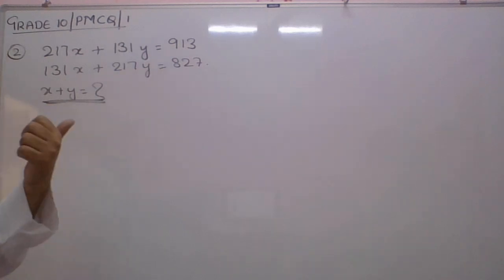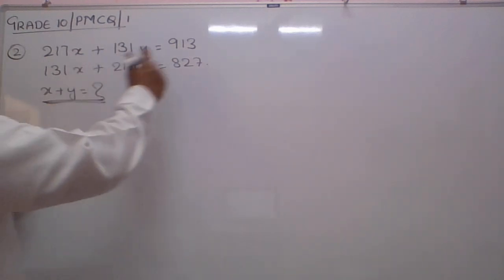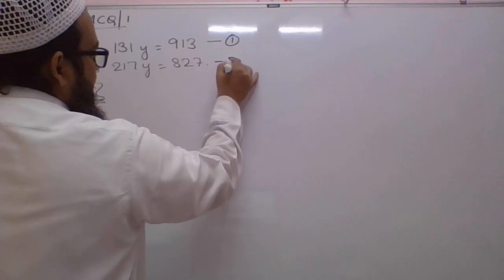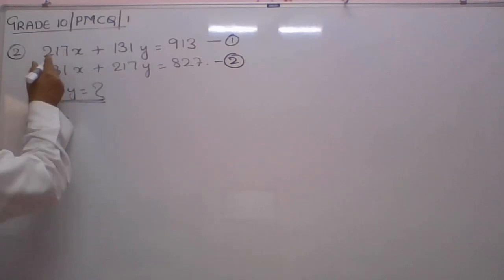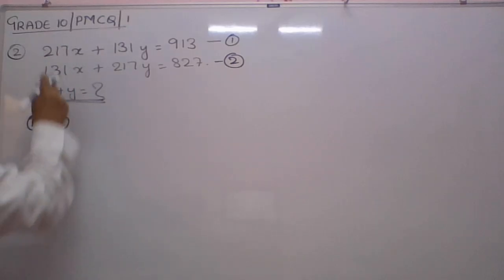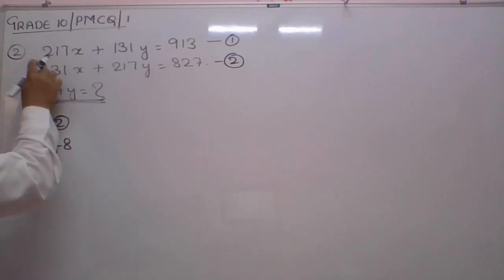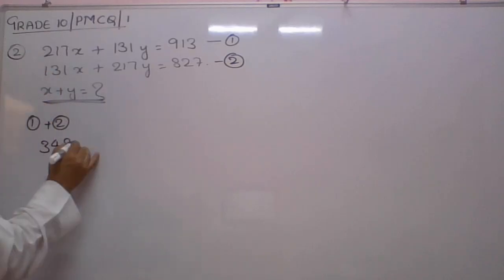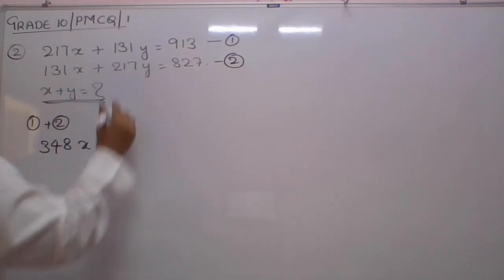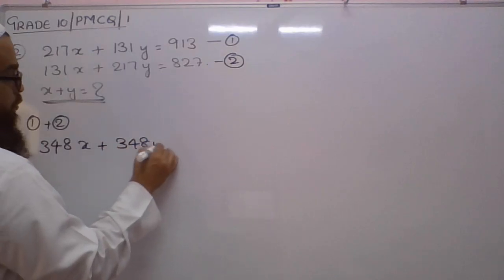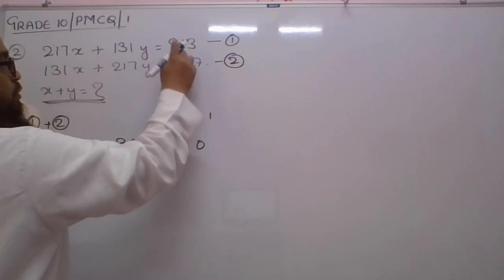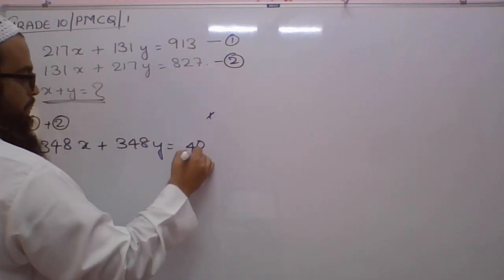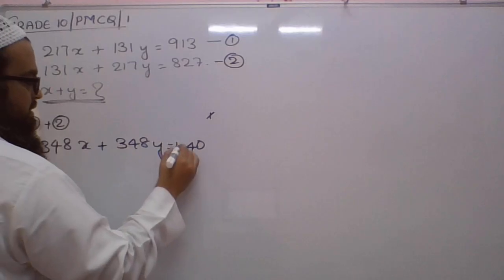Whenever equations come in this type with very big coefficients, mark them as first equation and second equation, and add the first equation and the second equation. When I add these two equations, what will come? 7 plus 1 is 8, 1 plus 3 is 4, and 2 plus 1 is 3. So 348x plus 348y is equal to, just now add, 7 plus 3 is 10, 1 carry on, 2 plus 1, 3 plus 1 is 4, and 8 plus 9 is 17.